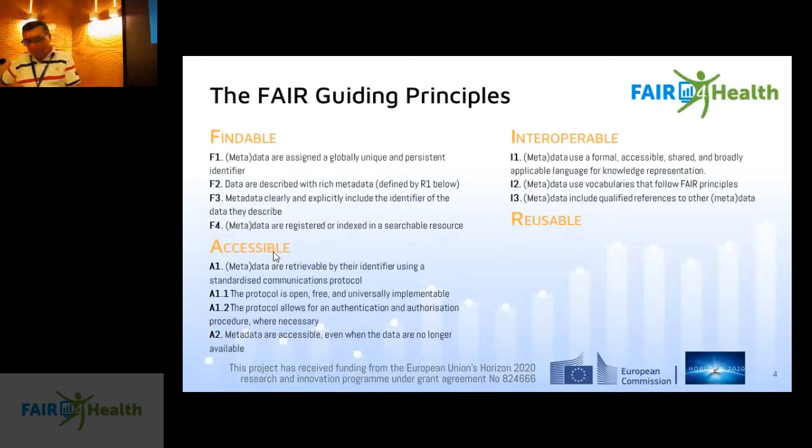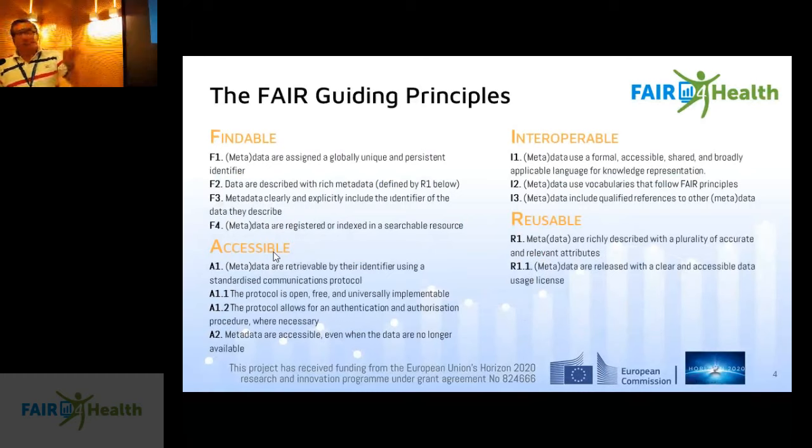Okay, and the last main principle, reusable. The first requirement about reusability is metadata and data are richly described with a plurality of accurate and relevant attributes. In more detail, metadata and data are released with a clear and accessible data usage license.